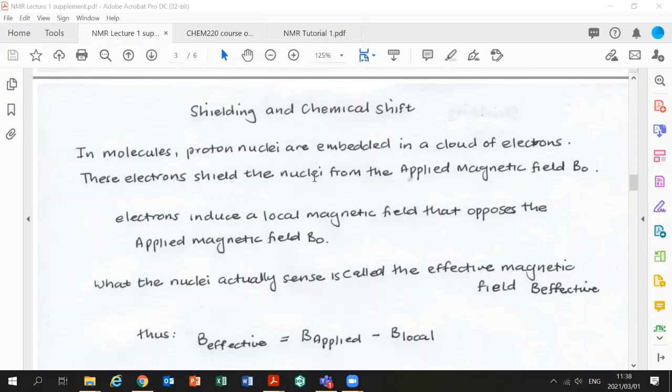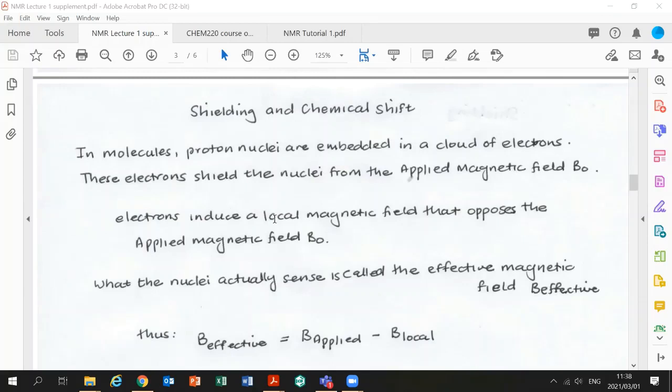If you didn't have your pads on, you'd feel the full effect of that ball, and you'd probably get hurt in your leg. So I can safely say that the cricket pads will shield your leg from the full effect of the ball when the bowler bowls the ball. In the same way, the electrons shield the nuclei from the full effect of the applied magnetic field.